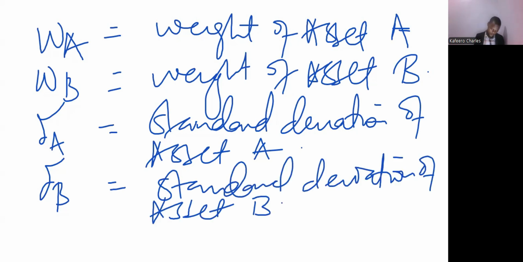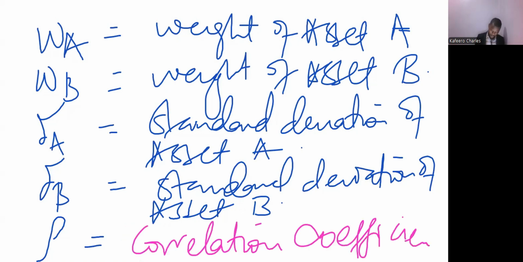And then this lambda here is the one that represents the correlation coefficient between asset A and asset B. So that's the formula.